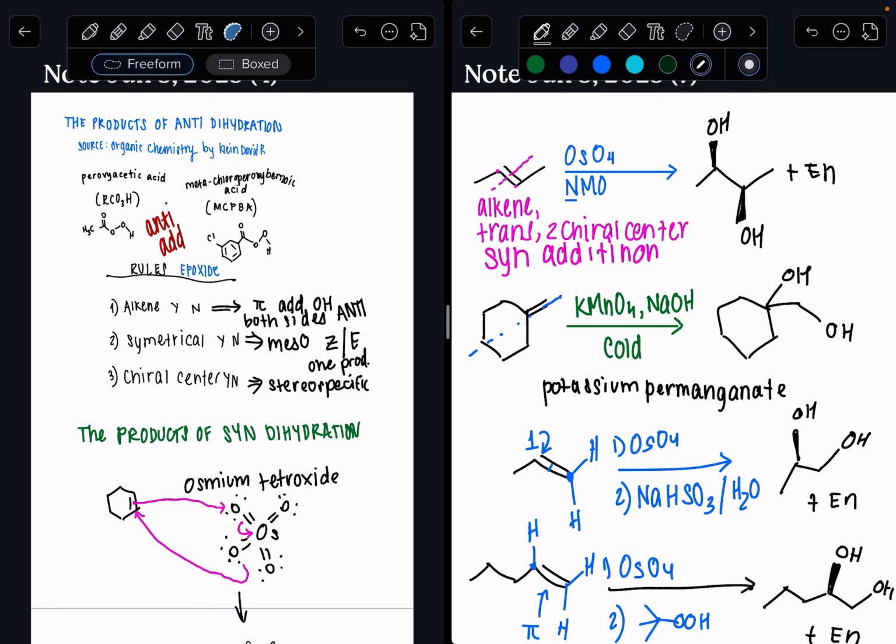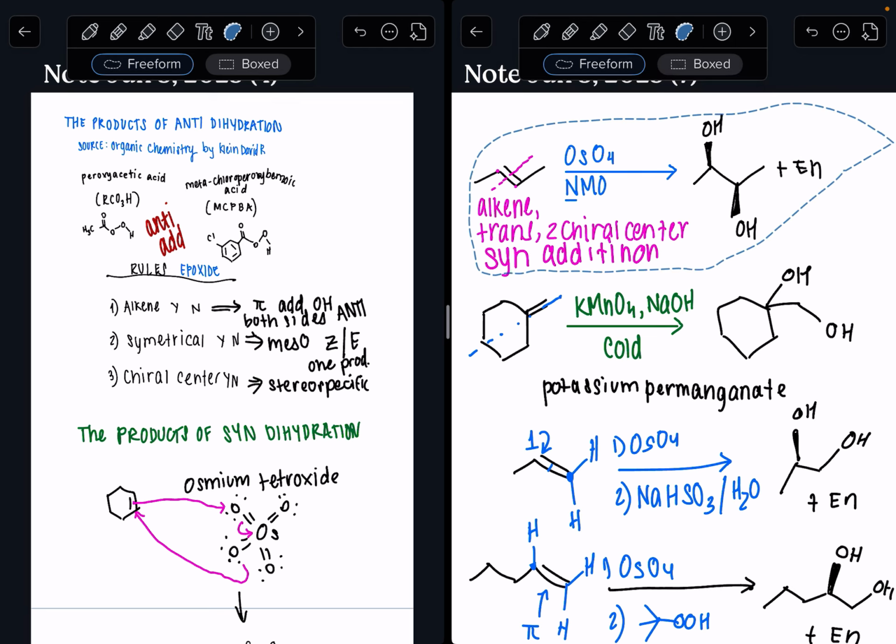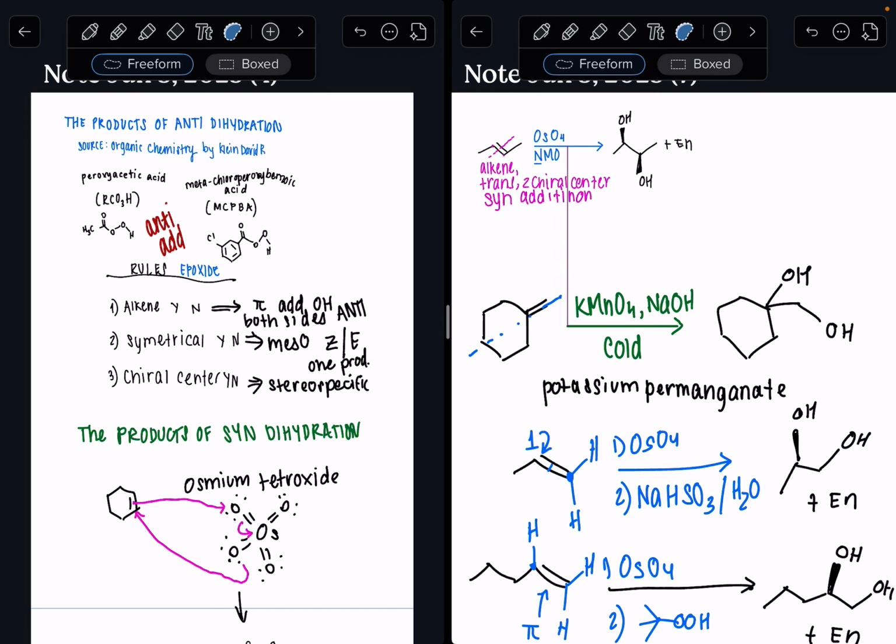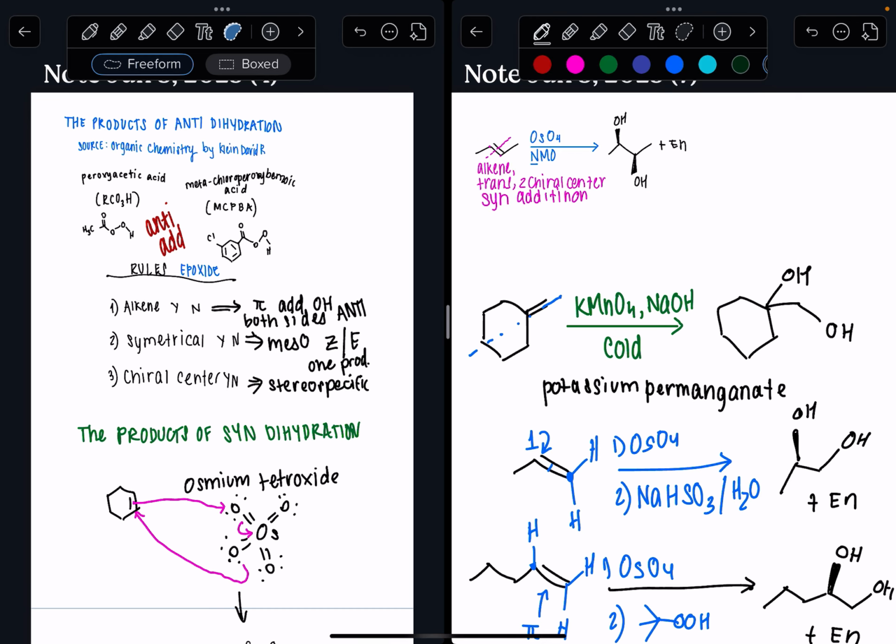Okay, if we were treating this with an acidic workup, okay, here, let's just make the whole thing smaller. What happens now when you treat this product with an acidic workup?